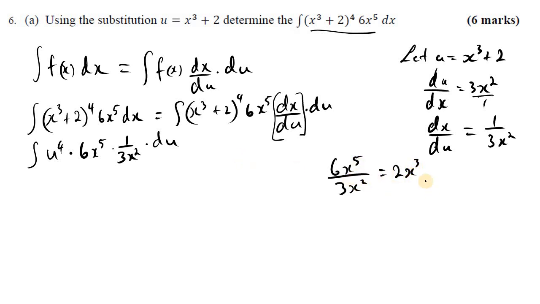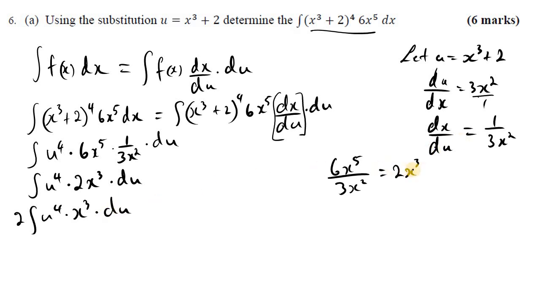So that's 2x to the third power. So all of this simplified to 2x to the third power with respect to du. Now the 2 here, we can bring it in front of the integral sign. And so we have u to the 4th times x cubed with respect to du.